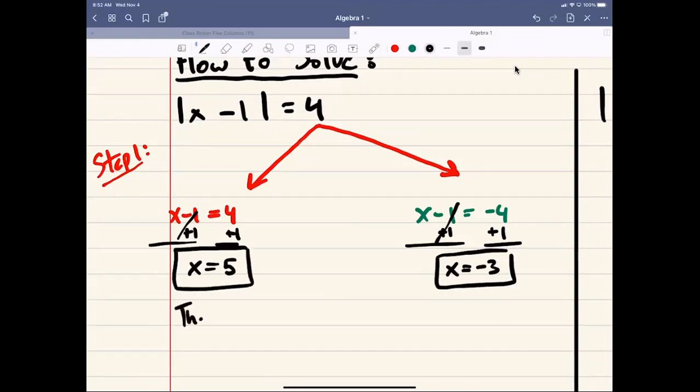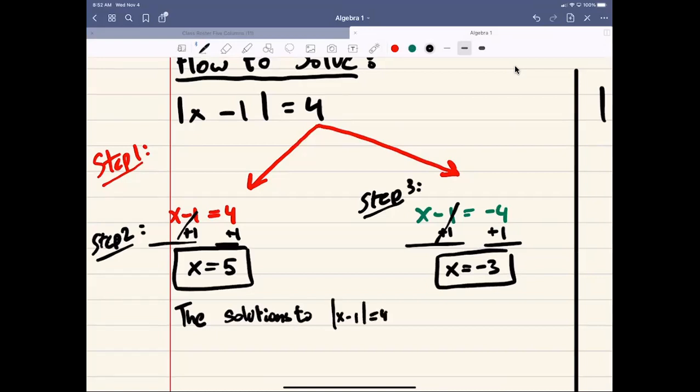The solution to the absolute value of x minus 1 equals 4 is x equals 5 and x equals -3. Pretty straightforward, right? That's basically how we do it.